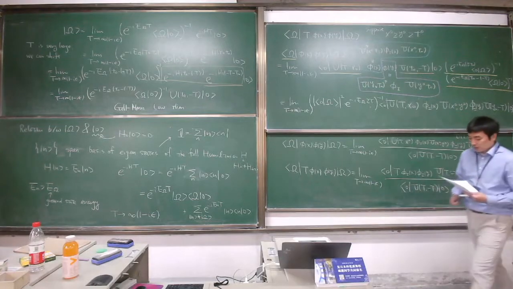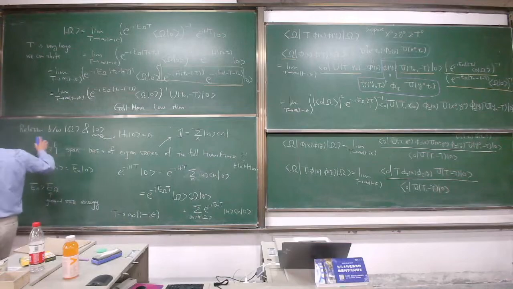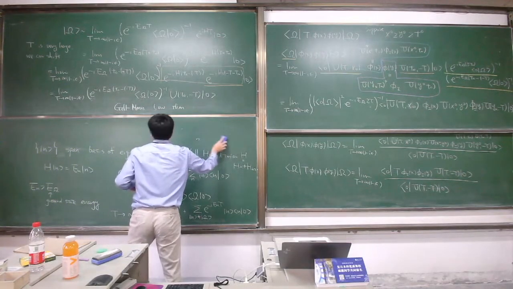And in particular, we already knew that the U operator is the exponential of the interacting Hamiltonian.